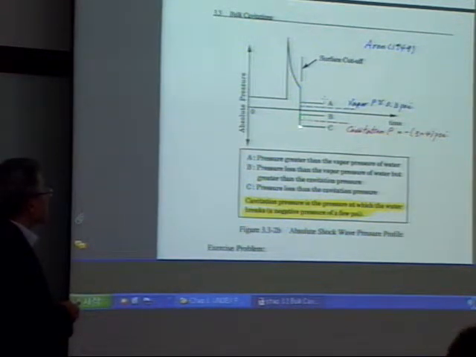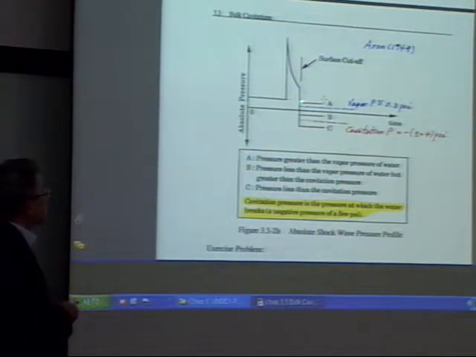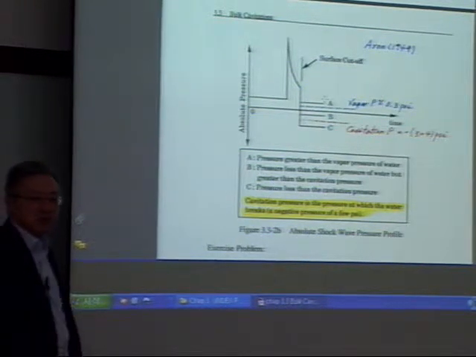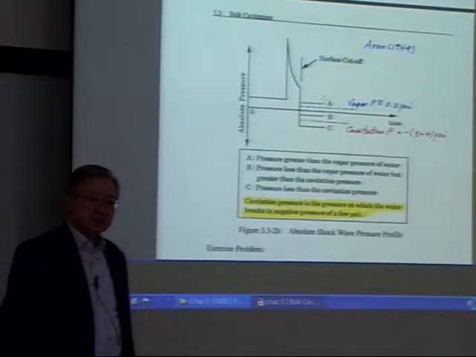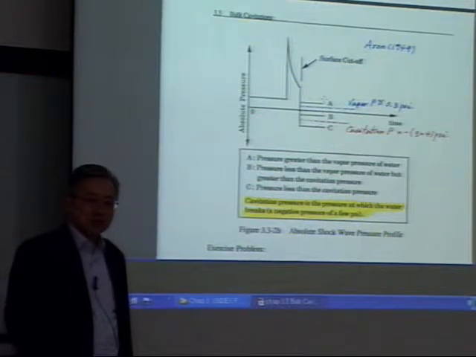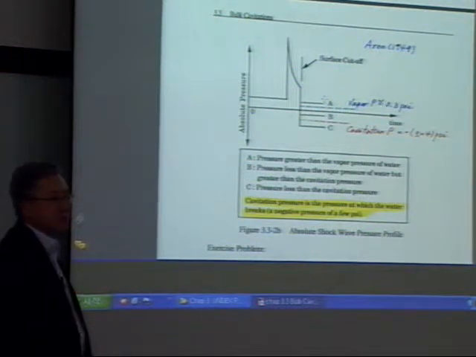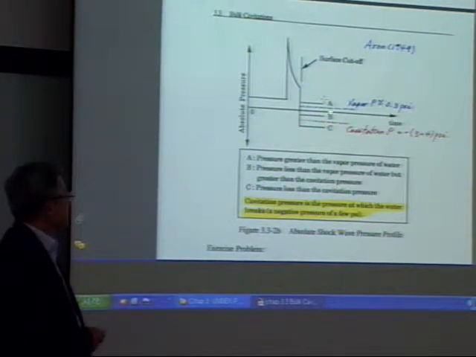You could have A or B or C depending on P2, the tension wave pressure. And the vapor pressure is about 0.3, around here, just above zero pressure. Compressive, below zero is tensile.